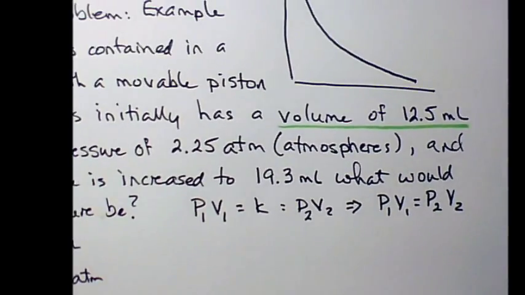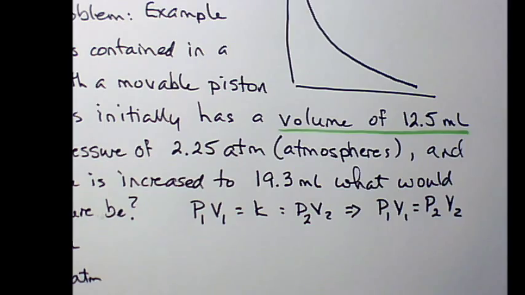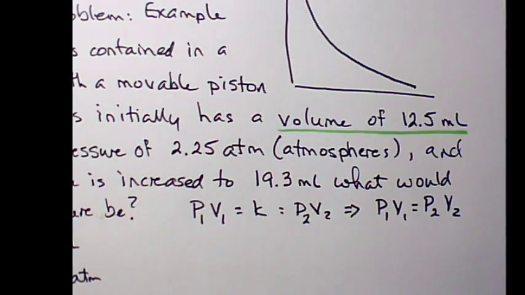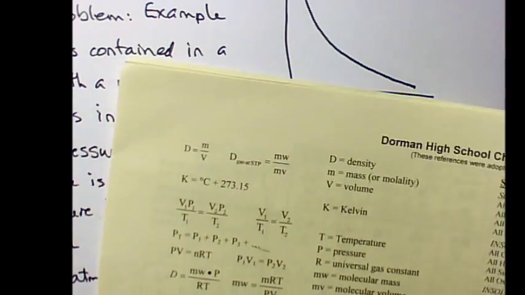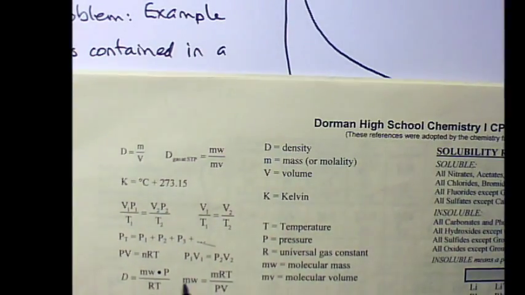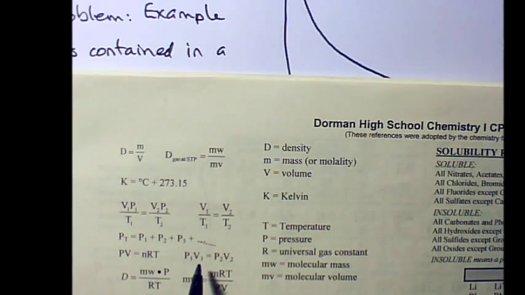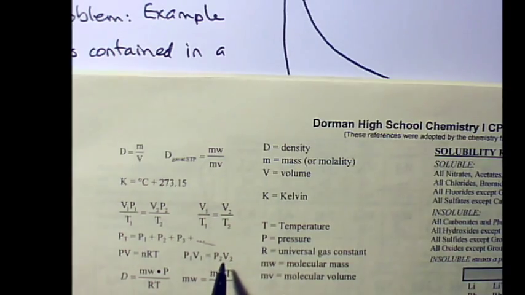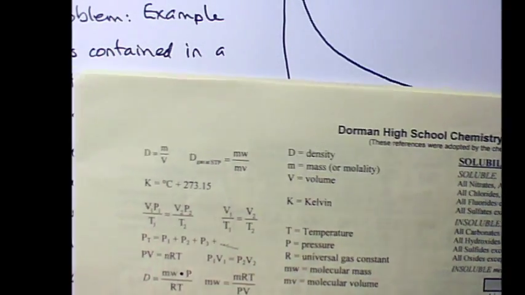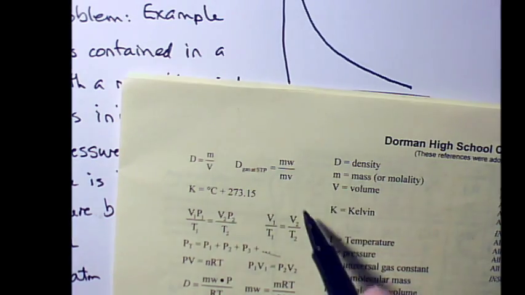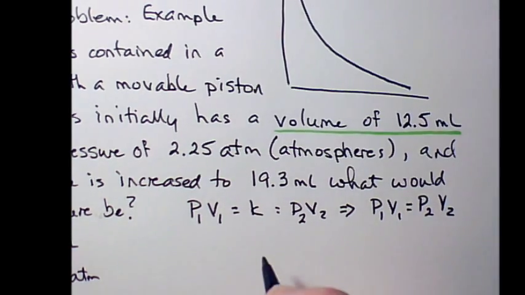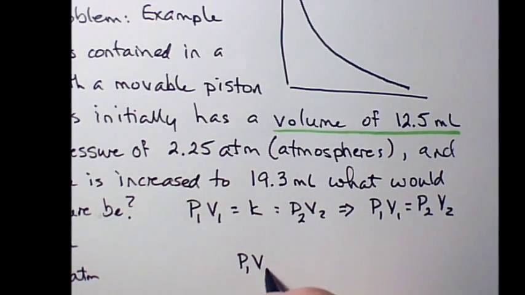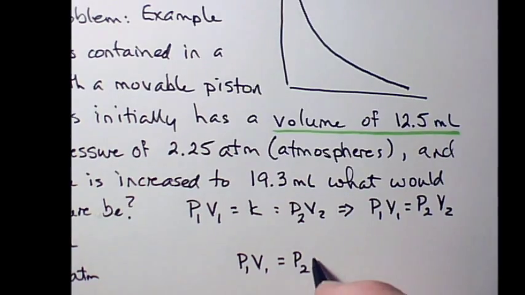And that's the most practical form of the equation to use for solving these problems. In fact, if you look for an equation on your list of equations here in your test references, there's P1, V1 equals P2, V2. So after you write your list of knowns and unknowns, then you just find the equation that fits that list. Okay? All right, so we want to have P1, V1 equals P2, V2.